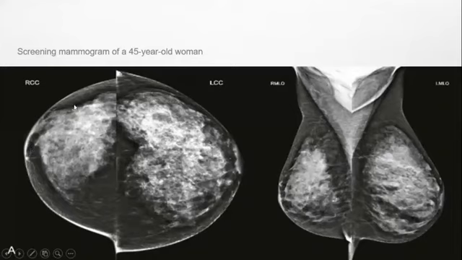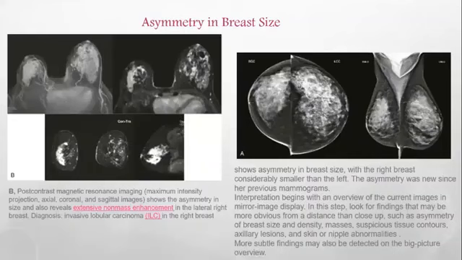There is some distortion in the contour, and there is thickening of the areolar skin. So it might reflect a pathological process. Going further, this is a dense breast. So the pathology at this level is asymmetry in the breast size.